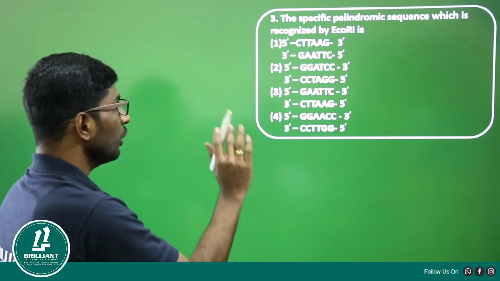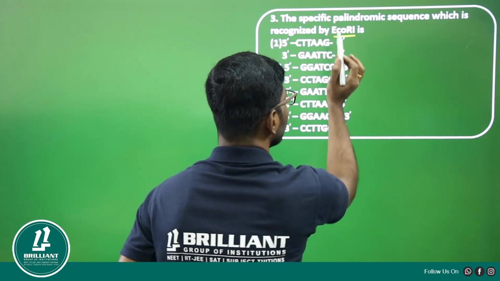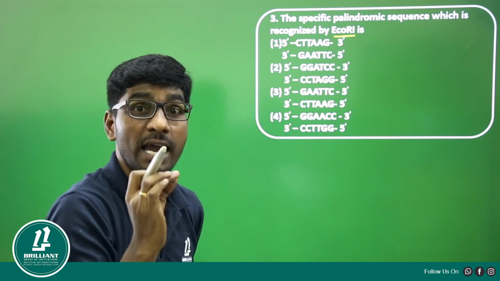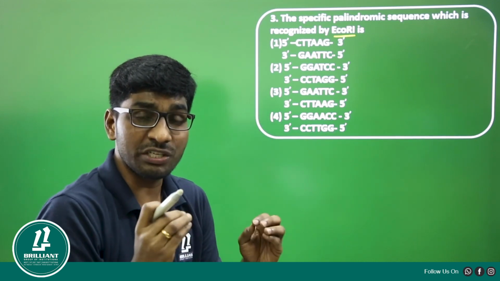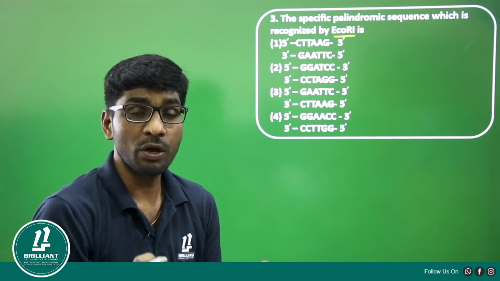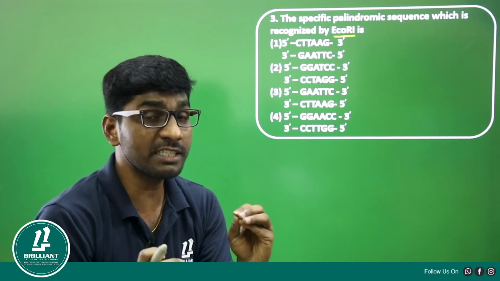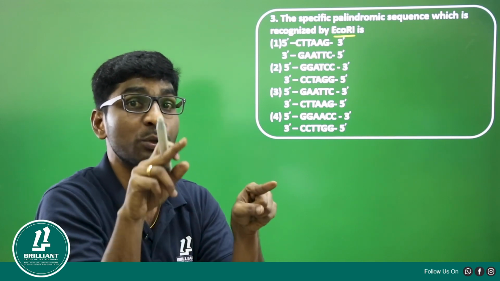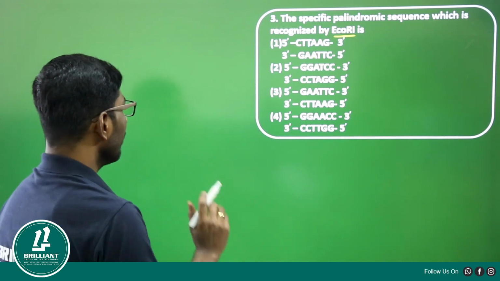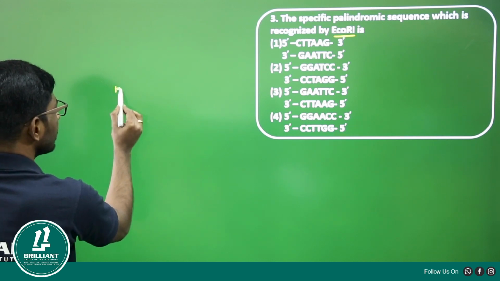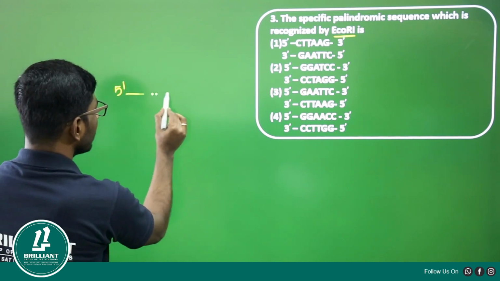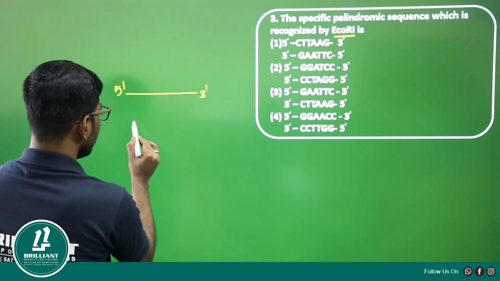I told you EcoR1 forms sticky ends. The EcoR1 restriction endonuclease enzyme cleaves the DNA at a specific position. Where is the specific position? Between G and A. Look at here. If you take a DNA, this is the 5' and this is the 3'.